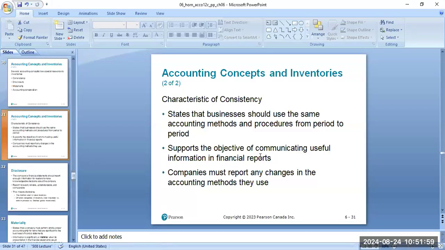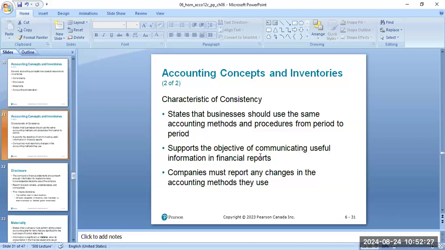Consistency supports the objective of communicating useful information in financial statements, so the users of the financial statements can make decisions about investing or lending money to the company. And companies must report any changes in accounting methods when they make them.